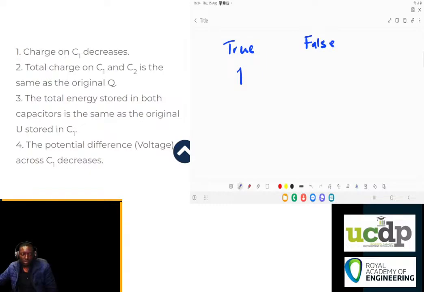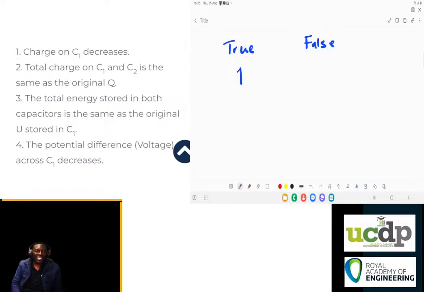Between 2, 3, and 4, are there still any true statements? I don't think there are any true ones. I think the rest of the statements are false.